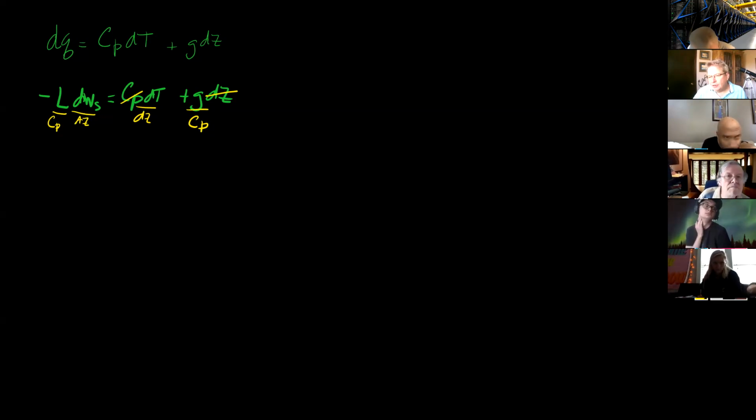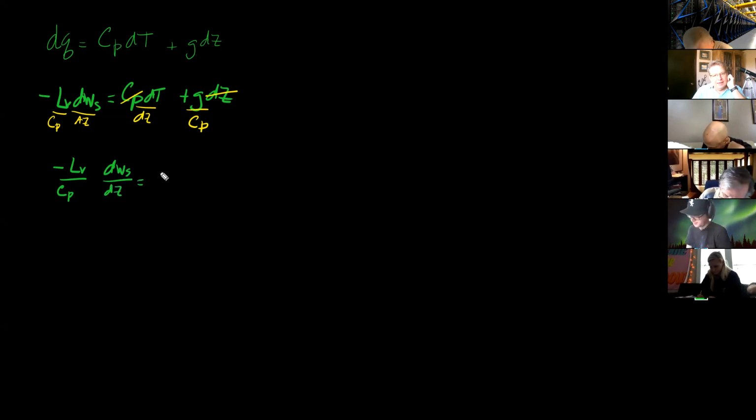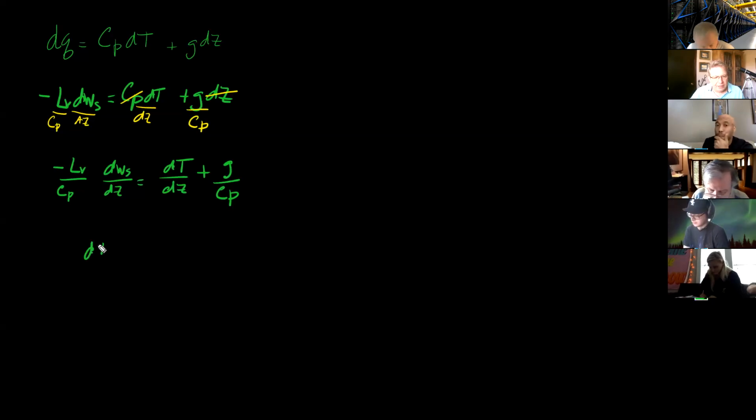After I do all that, I have minus L over Cp, and to keep our consistency, we should say L_v, latent heat of vaporization, dW_s over dz equals dT/dz plus g over Cp. Then I'm going to solve for dT/dz.